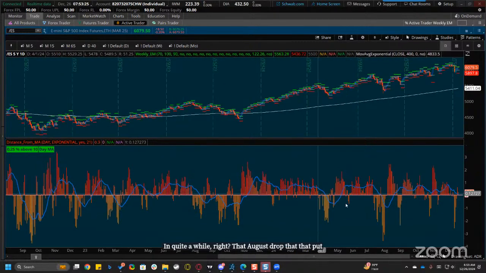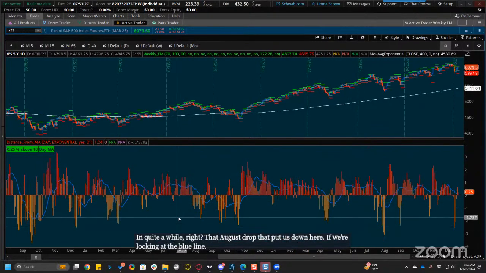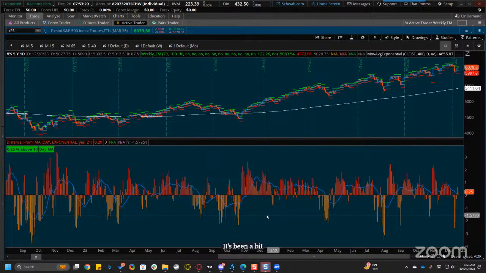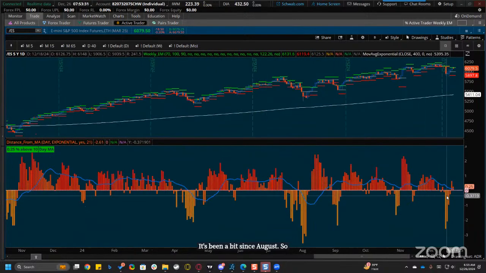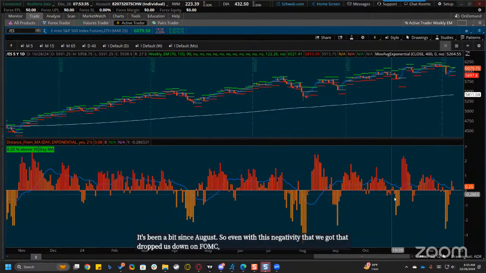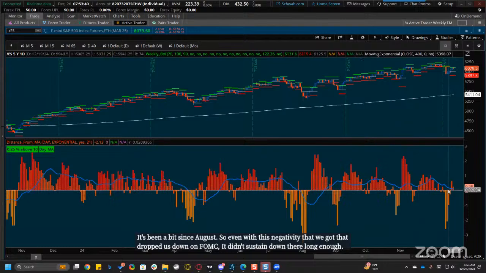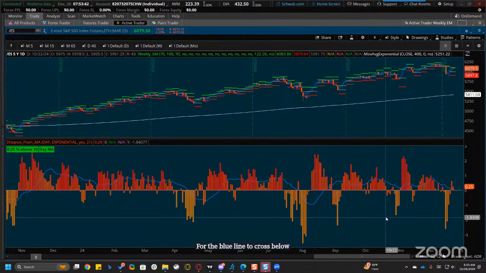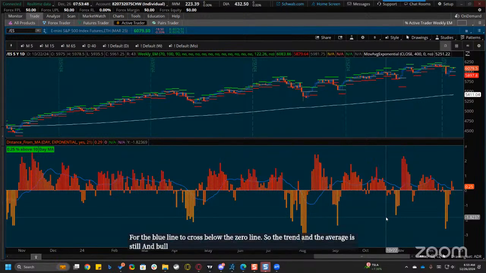If we're looking at the blue line, it's been a bit since August. So even with this negativity that we got that dropped us down on FOMC, it didn't sustain down there long enough for the blue line to cross below the zero line. So the trend and the average is still in bullish bias.